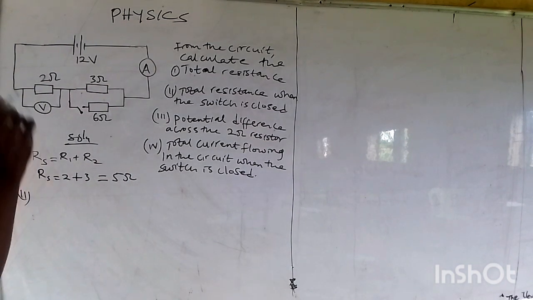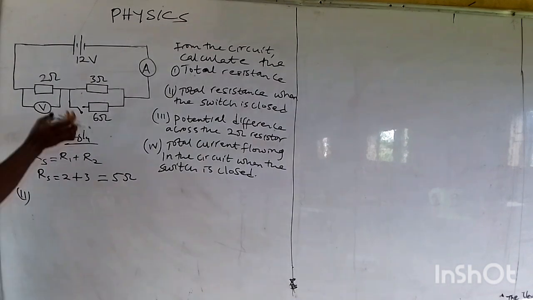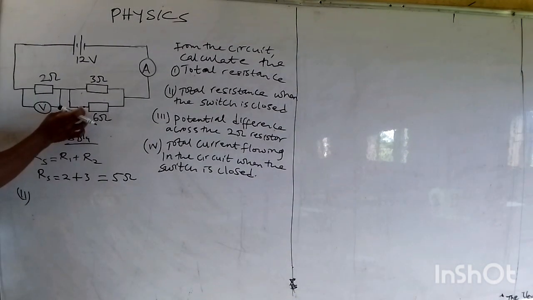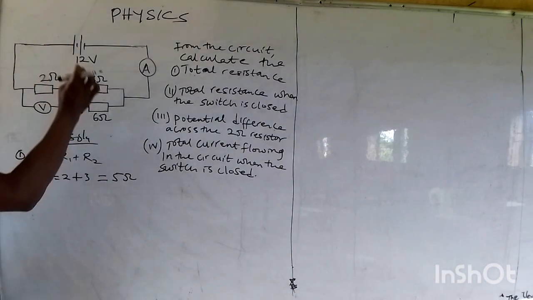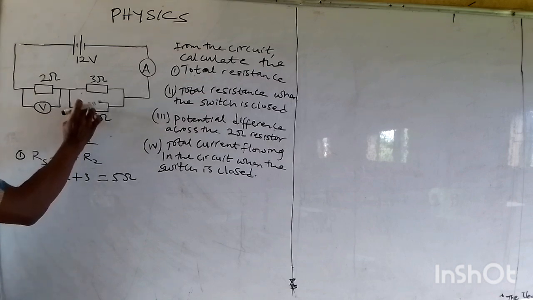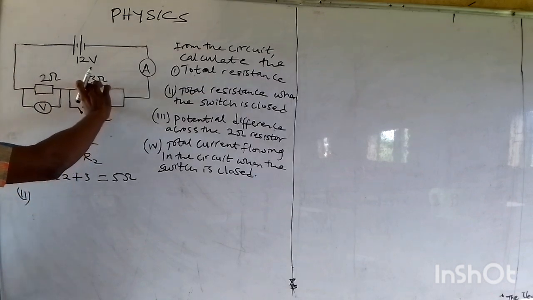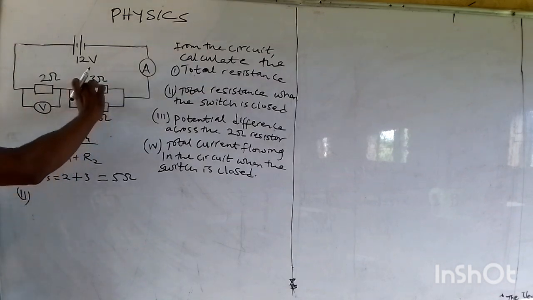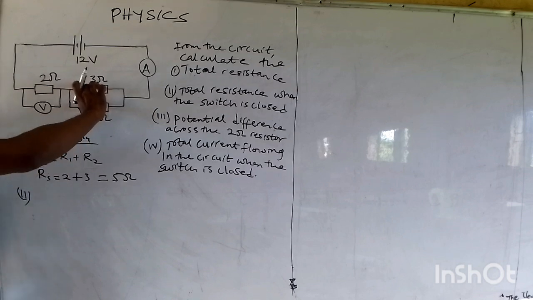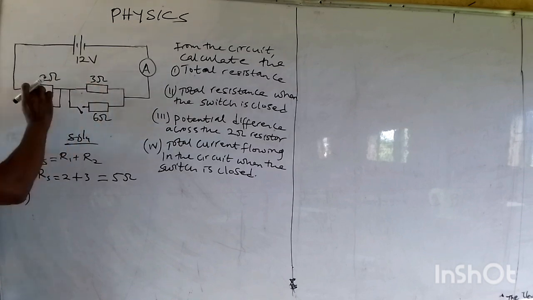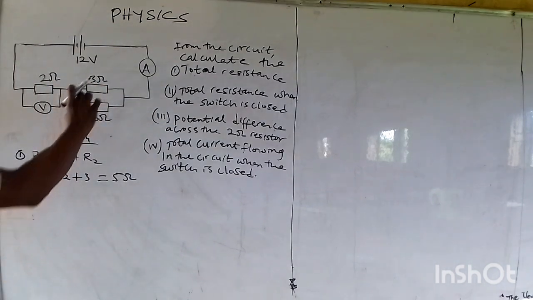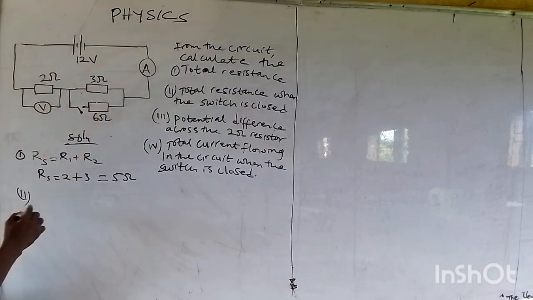Number 2, total resistance when the switch is closed. Now, if we close this circuit, this one becomes functional. We now have this and this. So, once we close it, this one will be in parallel and this one will be in series. Let us resolve the ones in parallel.